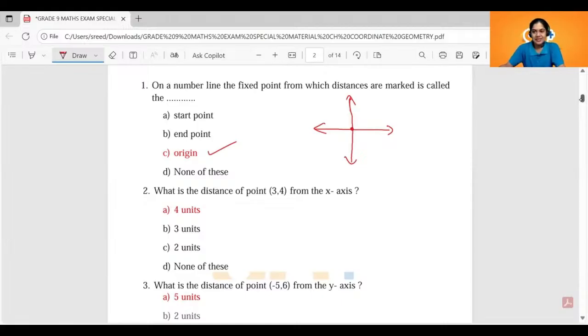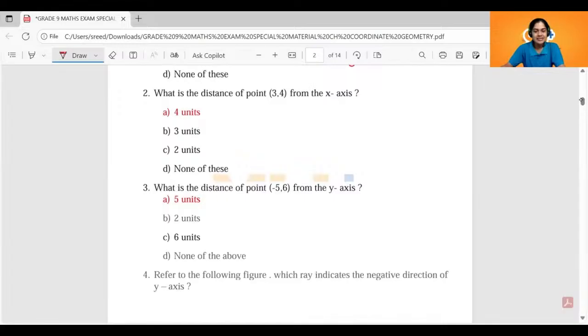Go to the second question. What is the distance of the point 3, 4 from the x-axis? First of all, let's mark this point and see. I'm drawing the Cartesian plane.